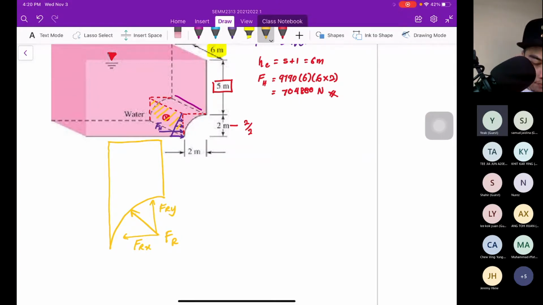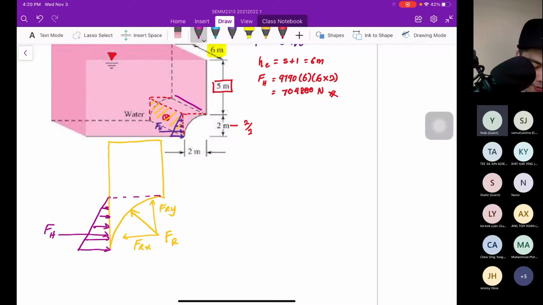The one we calculated previously, we did the projection, remember? And then we considered this prism. We have the resultant force FH.